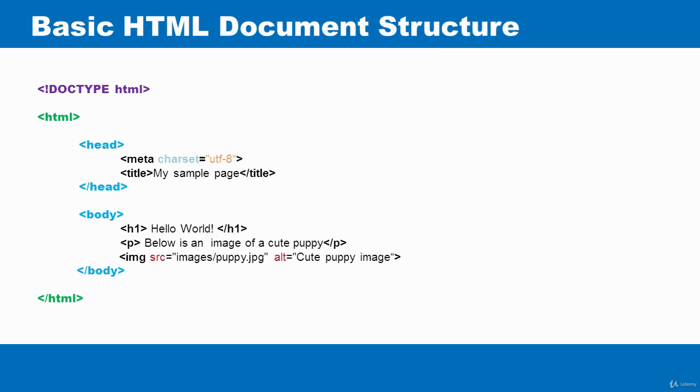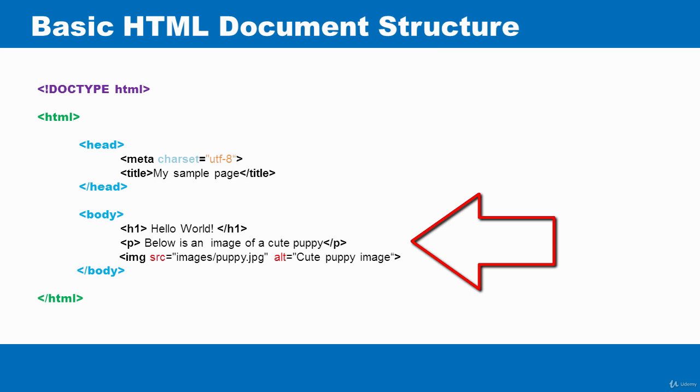Next, we have the body element. The body element contains the visual content of the page. When you visit a website, the actual content you can see is the content wrapped between the body tag. Anything between the opening and closing body tag is the visible content displayed on the web page.